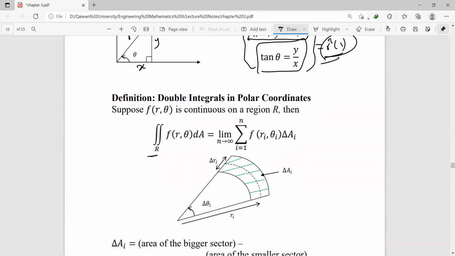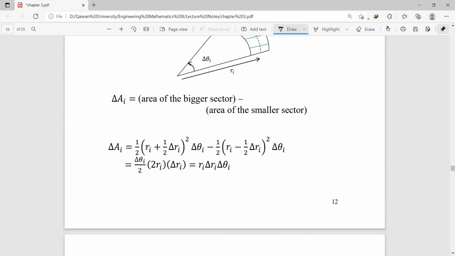Here you see the double integration of f of r, theta dA over the region. The double integration for that function over the region is this limit. Here we don't use this summation in finding the double integration, because it is difficult for you.